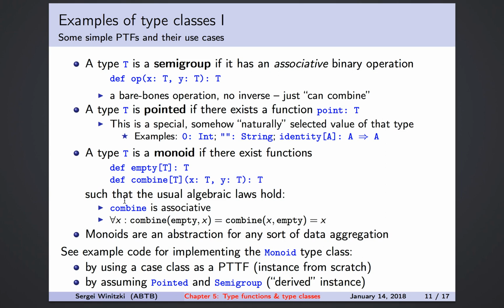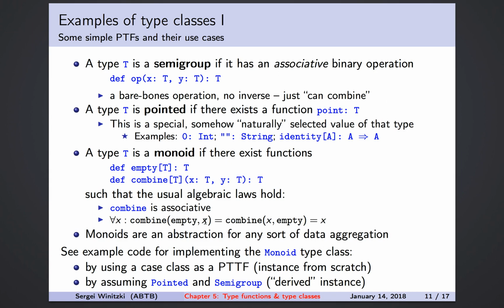Additionally, though, we require that combine is associative, just like in a semigroup, and this law must hold. So the empty value combined with anything, either to the left or to the right, should again return the same anything that you passed in. So combining empty with x does not change x.